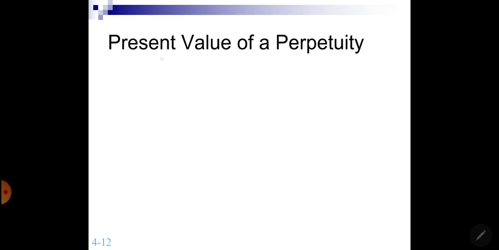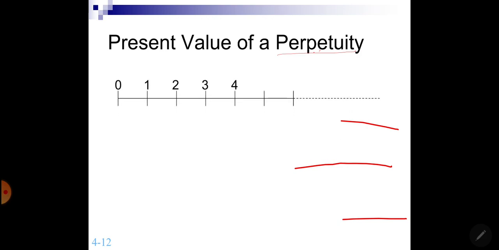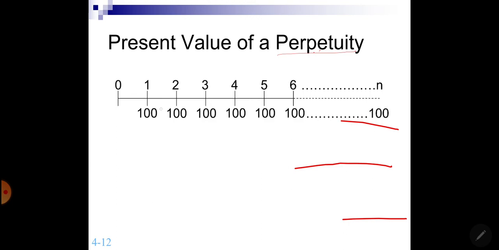Then the other type of equal cash flow is perpetuity. Perpetuity is very similar to an annuity. It means it has 2 out of 3 of the characteristics. So in a perpetuity, number 1, the cash flow is still equal. Number 2, it still has to be periodic.